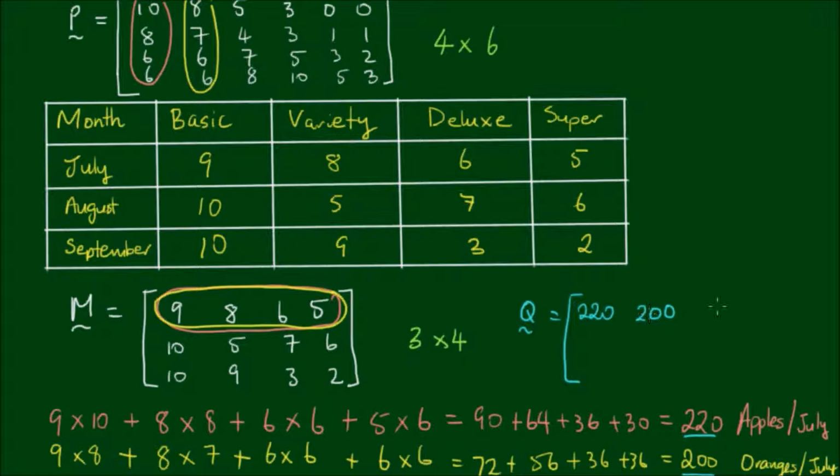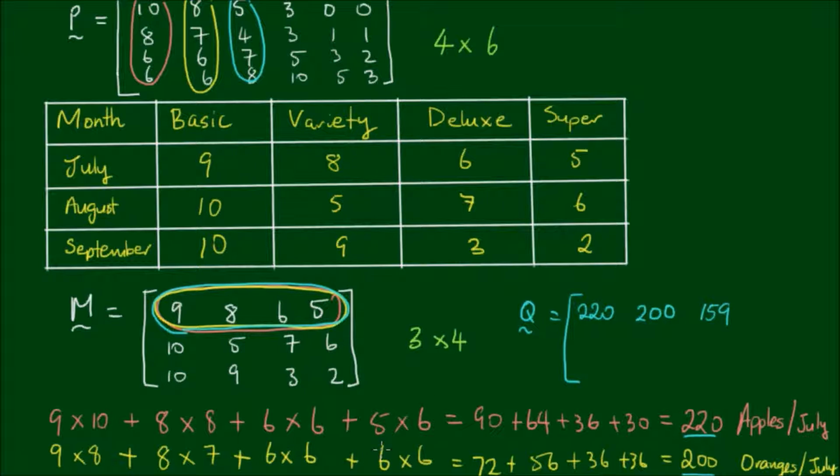To get the next element of the first row in Q, we again get the product of the first row of M by the third column of P, which will quantify how many bananas we needed in July. And I've already pre-calculated this to be 159.